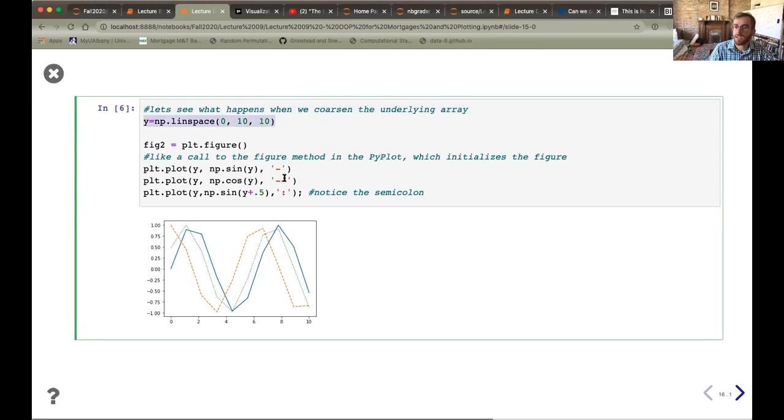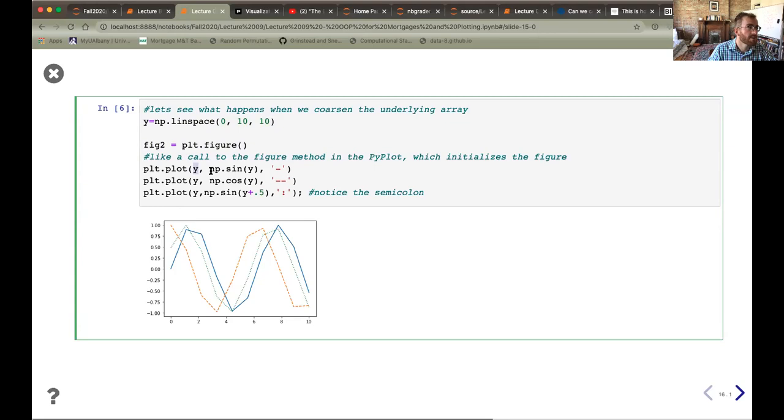We now call y, just to keep things separate from the previous code cell. And again, now we create a separate figure, figure 2, which we call as a figure object. We don't supply any arguments right now. Then I'm going to do exactly what I just did, where I think of this as the x coordinate, and that's why we called it x in the last slide.